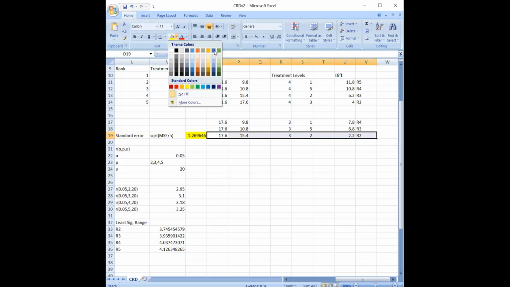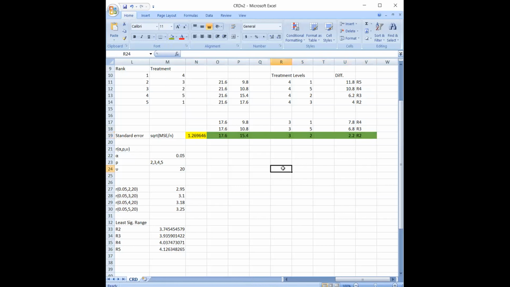So I'm going to highlight this. That is, there is a significant difference in mean between treatment level 3 and 2. That one you have to note down, right?